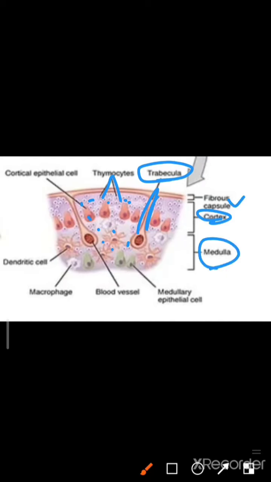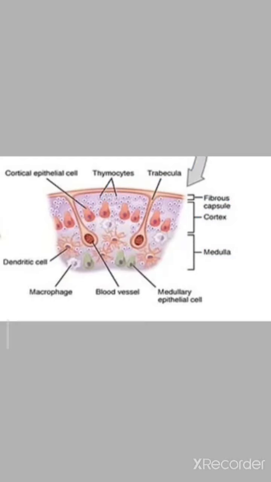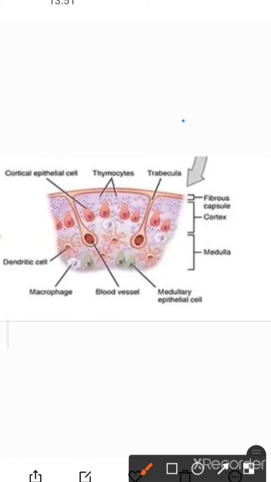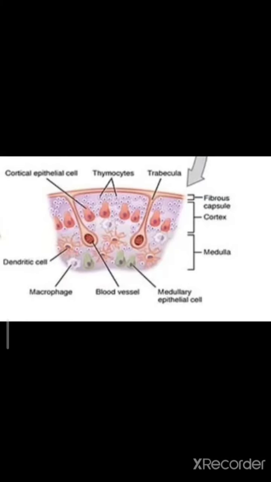Cortex is present outside, so it is the outer cortex. Medulla is present inside, that is the inner medulla. So these thymocytes are tightly packed to form the outer cortex and inner medulla. The cortex will have immature T lymphocytes. Here you can see the lymphocytes, small and round.